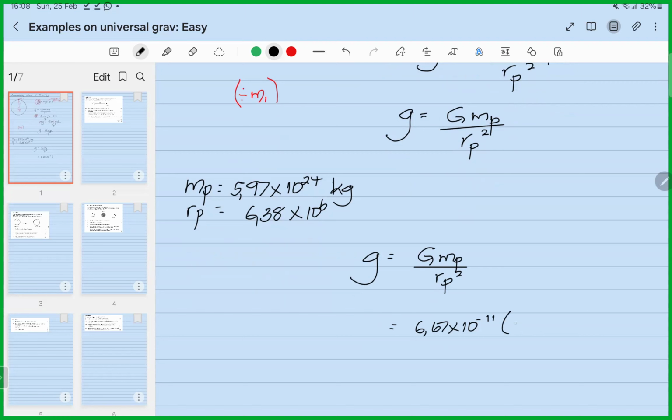Mass of our planet, as I said, I'm going to leave it as 5.97 because I'm almost certain KZN had that value last year. And the radius 6.38 times 10 to the 6. Weirdly, all provinces had the same radius. Can anybody work that out and give me the value for g on our planet now?